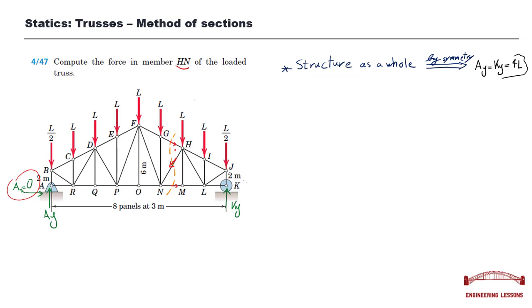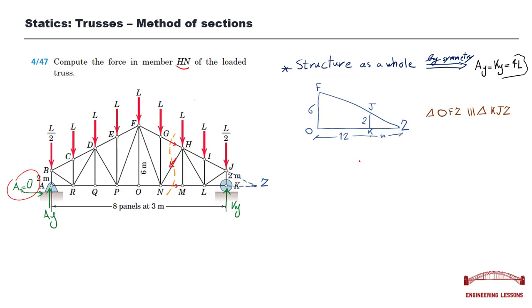For example, for such questions where we have three unknowns and we're going to determine one of those unknowns, here our two other unknowns are passing through one point, which here is Z. If we write the moment equation about point Z, we can get rid of these two unknowns, and after writing the moment equation, only one unknown will be left for us to calculate. So just by writing one equation, we can determine the amount of Hn.